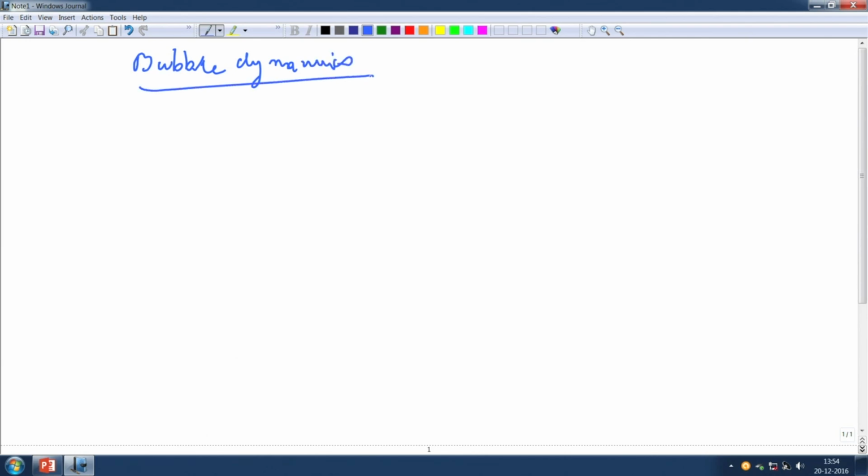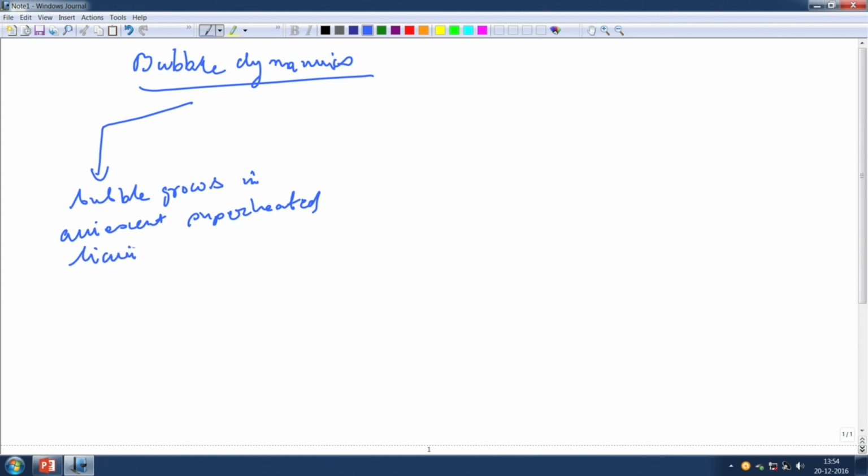In the case of bubble dynamics, there are two types that you can see. When the bubble grows in a quiescent superheated liquid, which is basically homogeneous, if you recall what is homogeneous and what is heterogeneous.